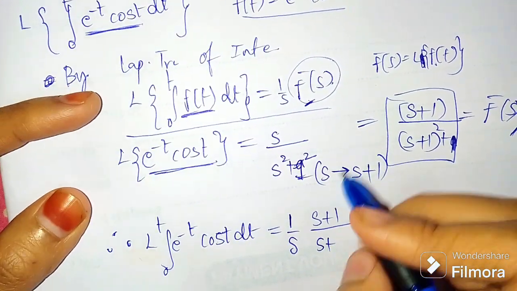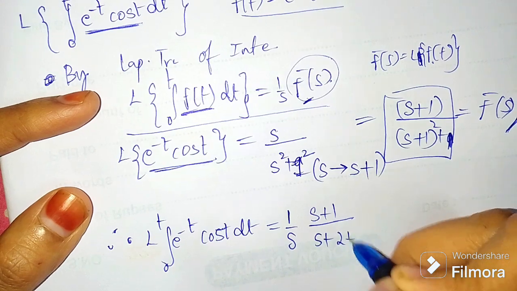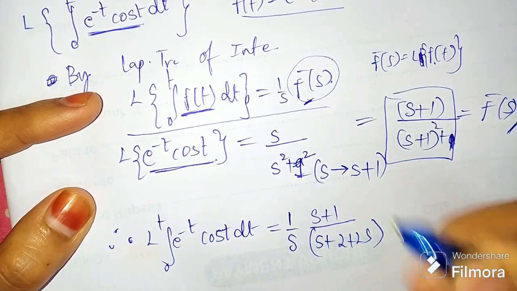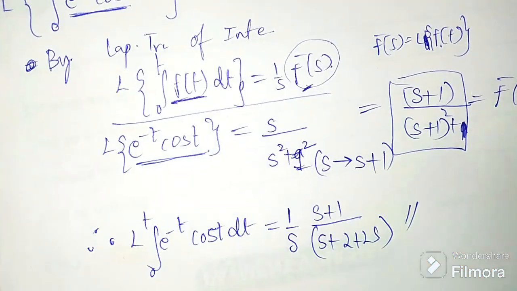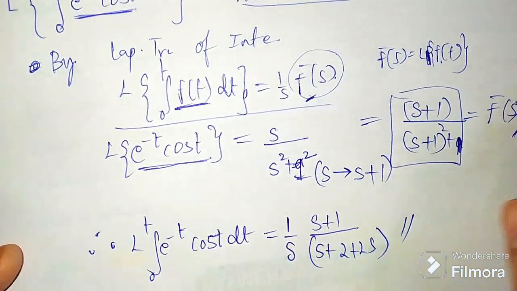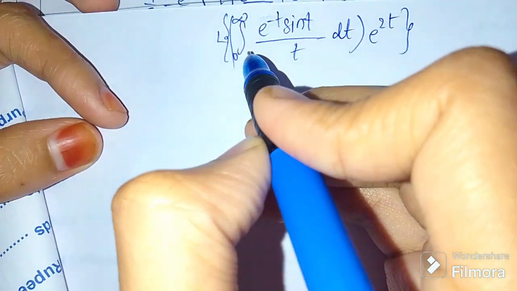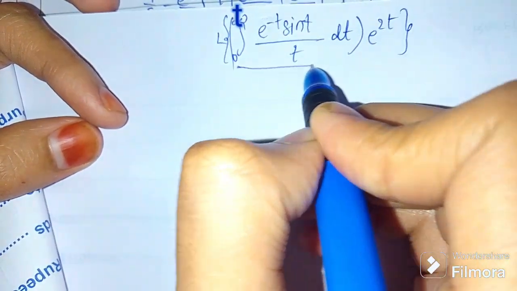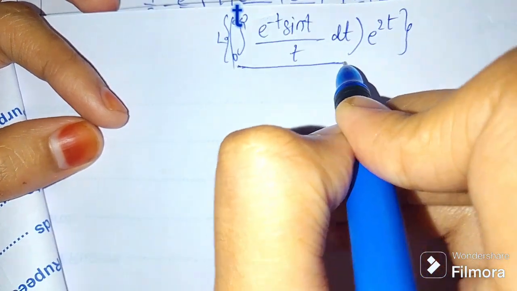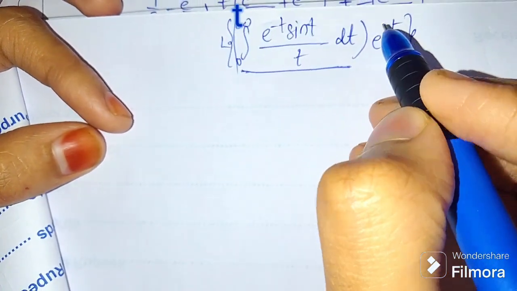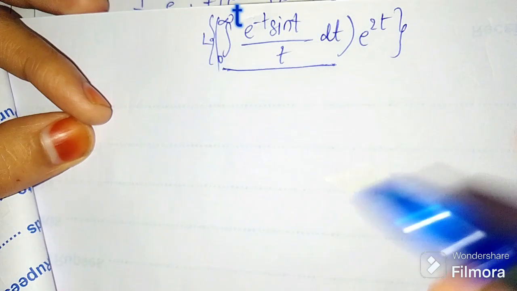Solving this, this is your answer. Is it difficult? Not at all, no? So first we'll find Laplace for this, then we'll substitute s minus 2. That is clear, no?